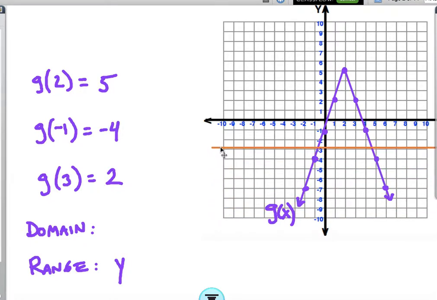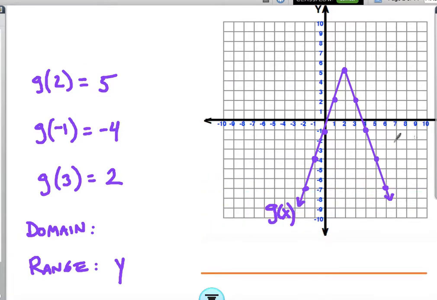There's purple y values all the way up to here, and then after this point there's nothing above. So all of your y values have to be at this mark or below. And the graph continues. Those arrows mean the graph is going to continue down. So this is the highest y value at 5, and then the range is going to be everything below that.